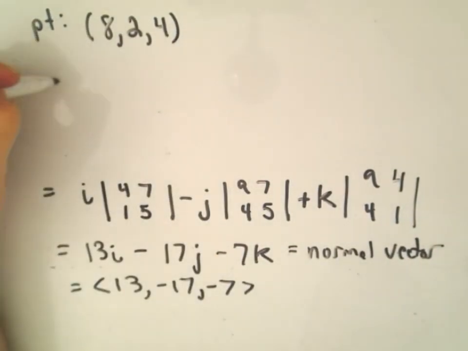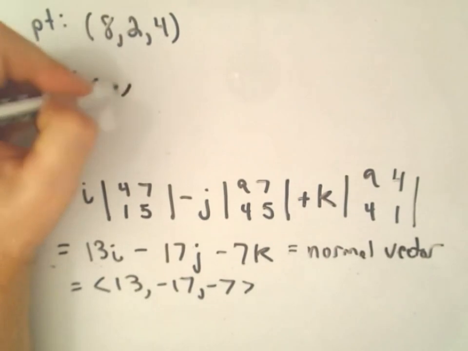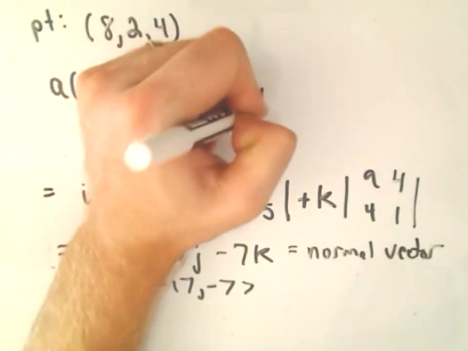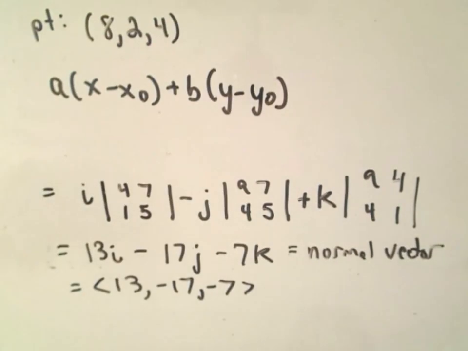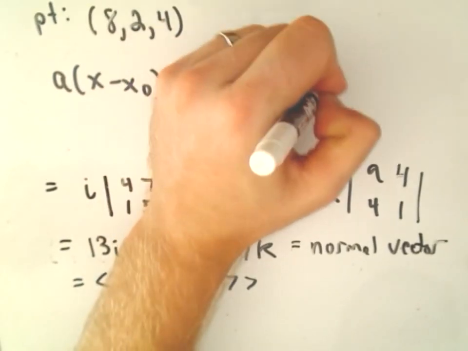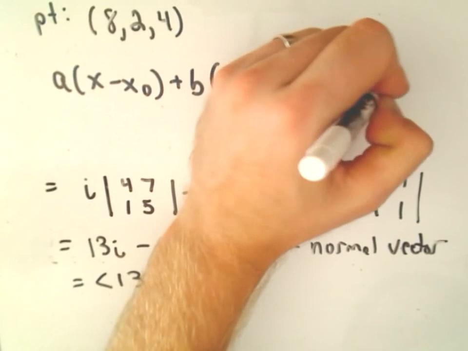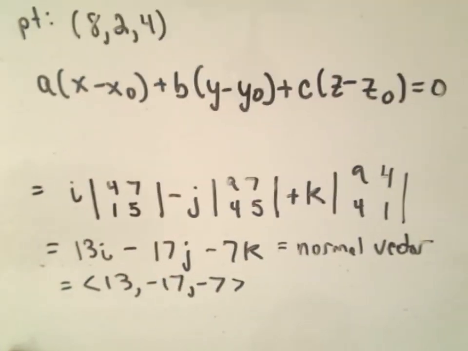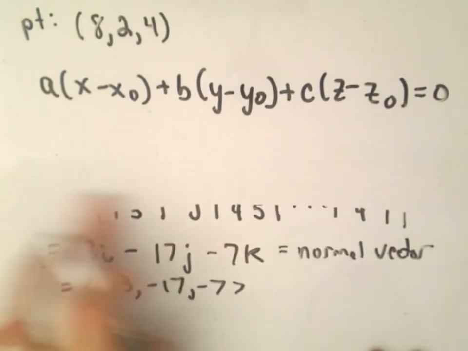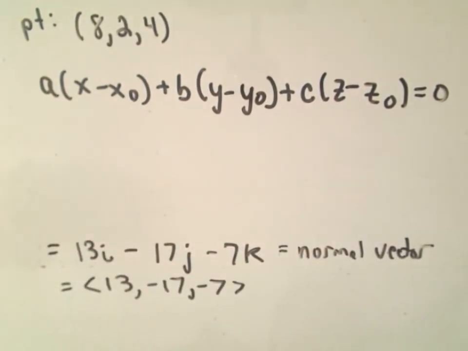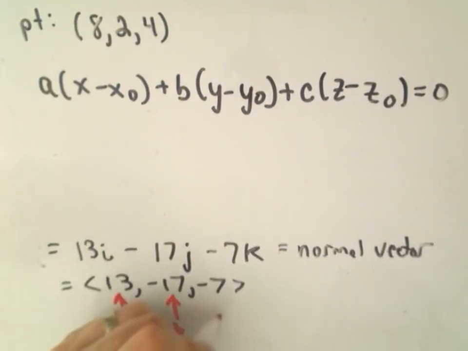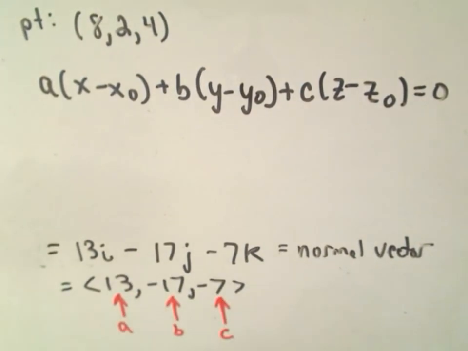So we take the components a, x minus x sub 0, plus b, y minus y sub 0, plus c, z minus z sub 0, and set that equal to 0. Well, I've got my point left over. I kept one of the points. And again, this is our normal vector, so this is our a value, this is our b value, and this will be our c value.